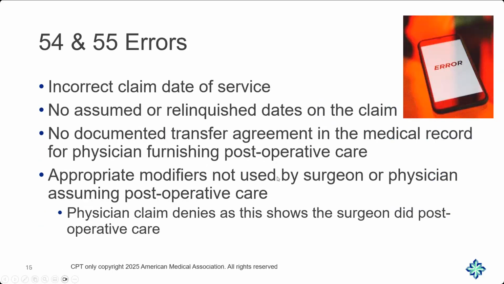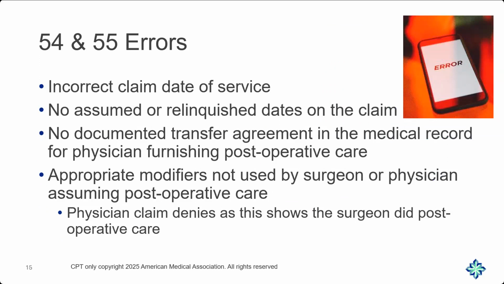There are some errors that we're commonly seeing, and we thought we would just put this in for you. Incorrect claim date of service. Again, we still have to have that proper date of service, which is the date of the surgery, not the date that you relinquished or resumed care or anything like that, because without the date of the surgery, we can't tie it back.